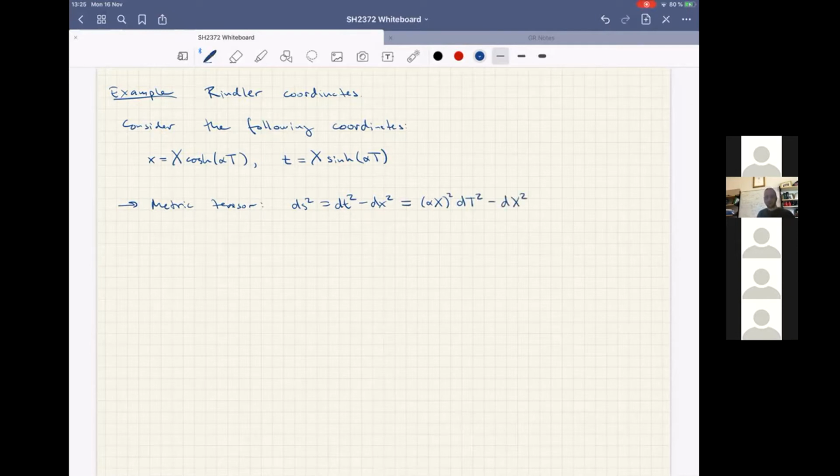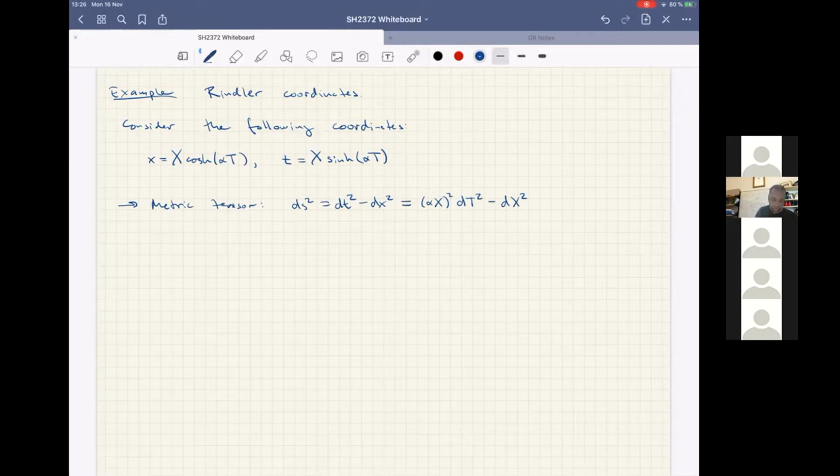So just as we could compute metric components in other coordinates in Euclidean space, we can do exactly the same by looking at the line element in Minkowski space for the new coordinates.